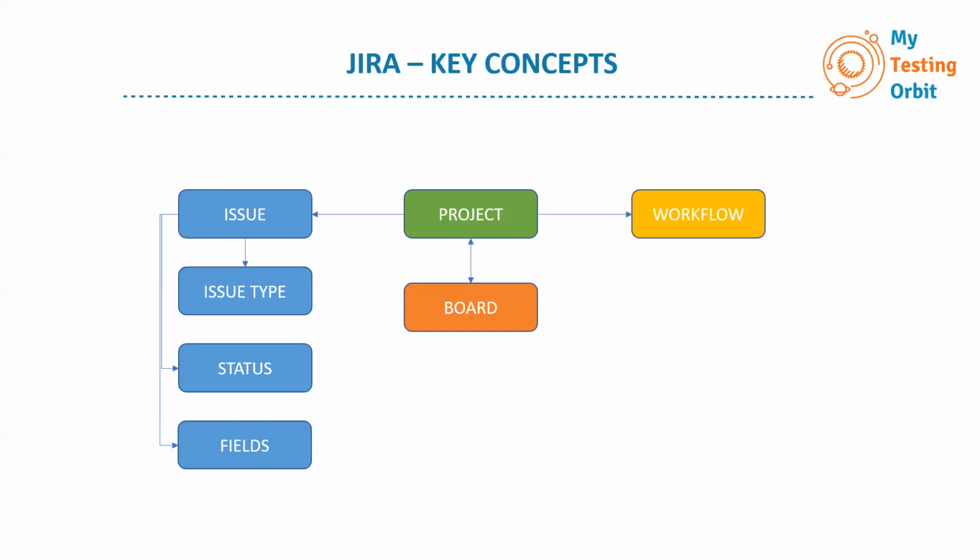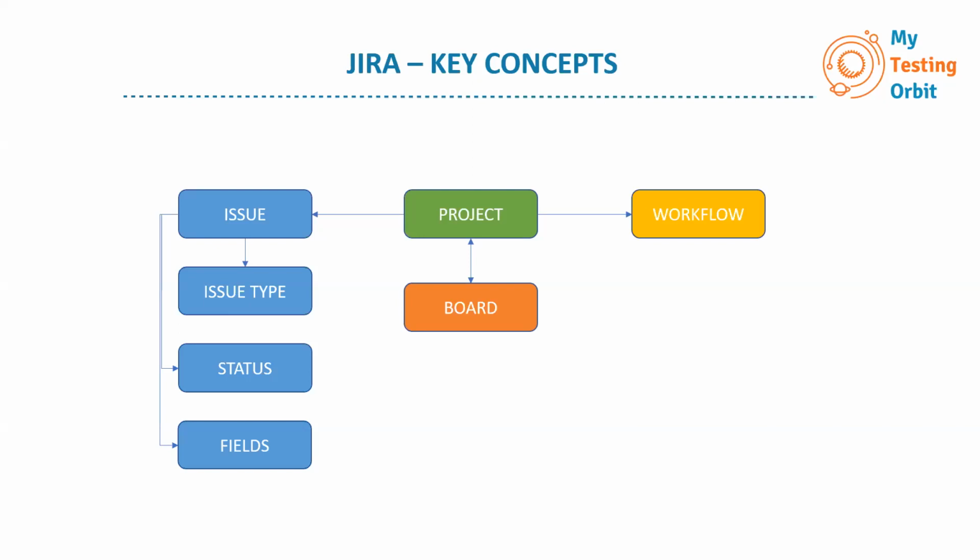We mentioned it can be open, rejected, or closed. Whenever we select a status, there is a workflow behind it which we have defined. If I, as a tester, have reported a new bug, by default it will go to the open state, and then all the open bugs will be assigned to the developer in that project.